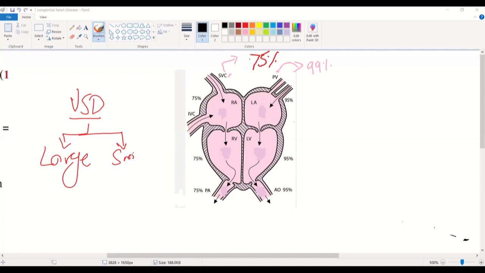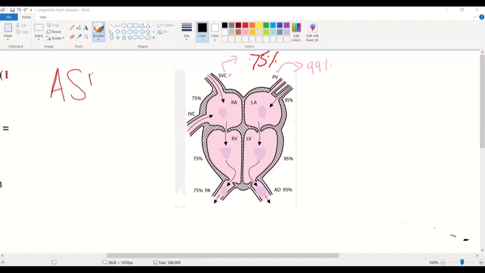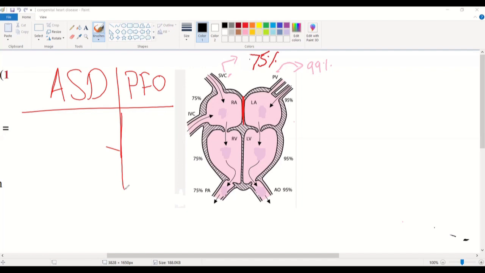So, ASD, atrial septal defect. It is a defect in the septum between the atria. Can anybody differentiate between atrial septal defect and patent foramen ovale? Embryological differences.